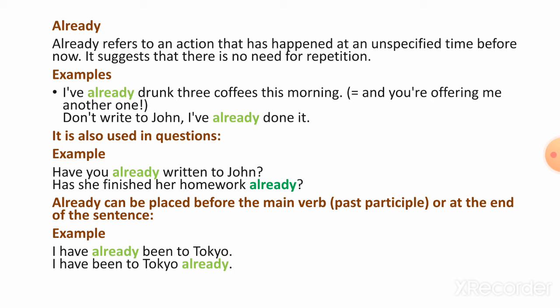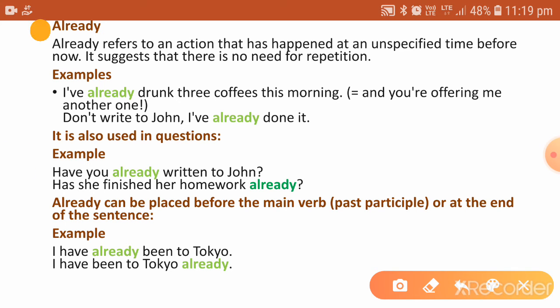Here we can check the use of some words in present perfect tense. Already. Already refers to an action that has happened at an unspecified time before now. It suggests that there is no need for repetition.